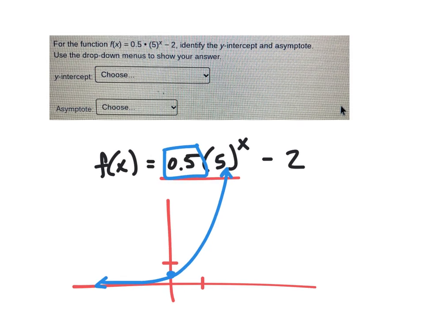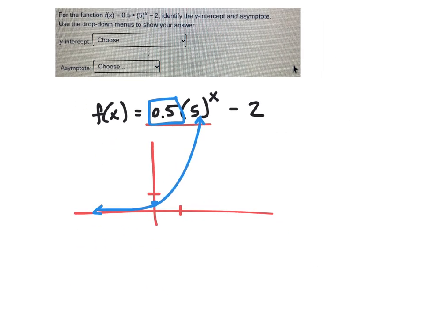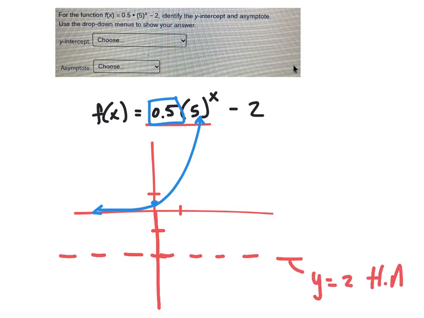But then what you do is you shift everything down 2 units. This is your initial y-intercept of 0.5, but this minus 2 is going to drop everything down 2. So let's extend this graph down. Your new horizontal asymptote is at y equals negative 2. That's your horizontal asymptote.